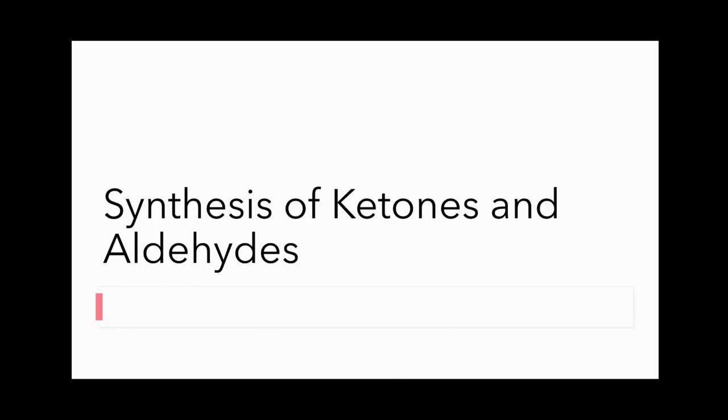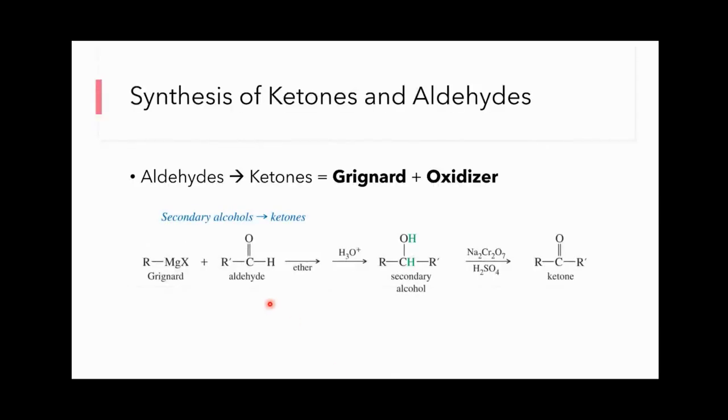So with synthesis, or making ketones and aldehydes, one way you could do it, if you want to interchange them with each other, is a Grignard and an oxidizer. So over here, if you have an aldehyde, just react it with a Grignard.